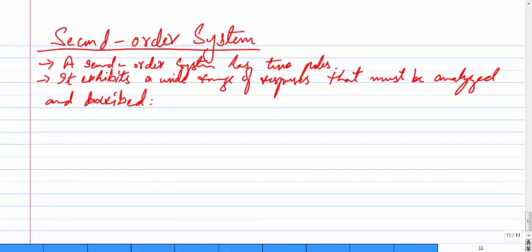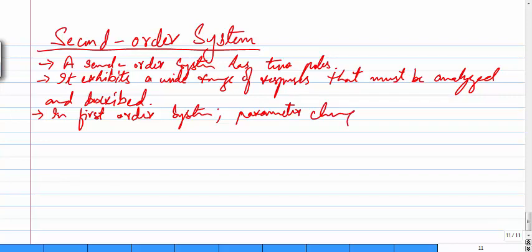Okay, in first order system, parameters simply change the speed of the response. Changing the parameter of second order system can change the form of the response. So in first order system, parameters change the speed of the response.